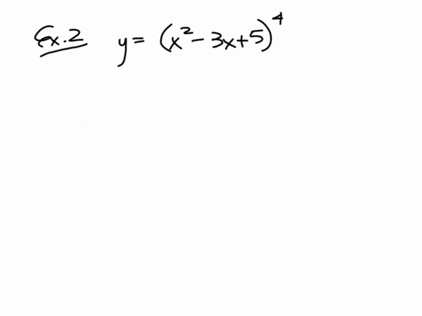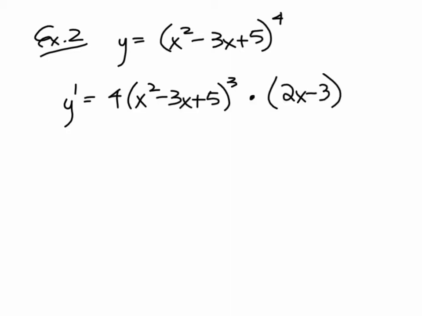In example 2, y equals x squared minus 3x plus 5, all to the exponent 4. So I'm going to do the power rule, bring the 4 out front, subtract 1 from the exponent, so I get an exponent of 3, and then I take the derivative of what was inside the bracket.